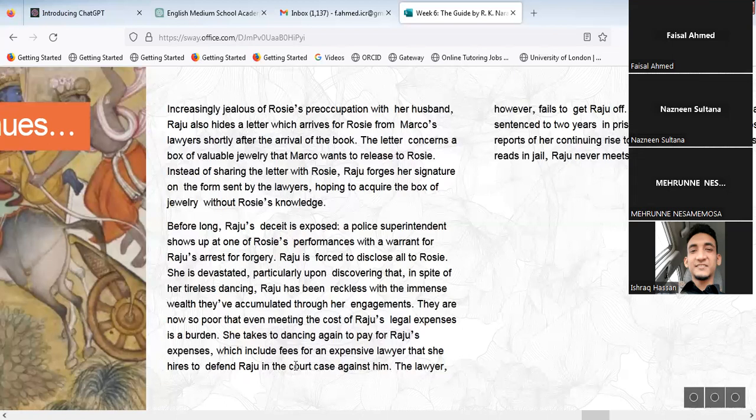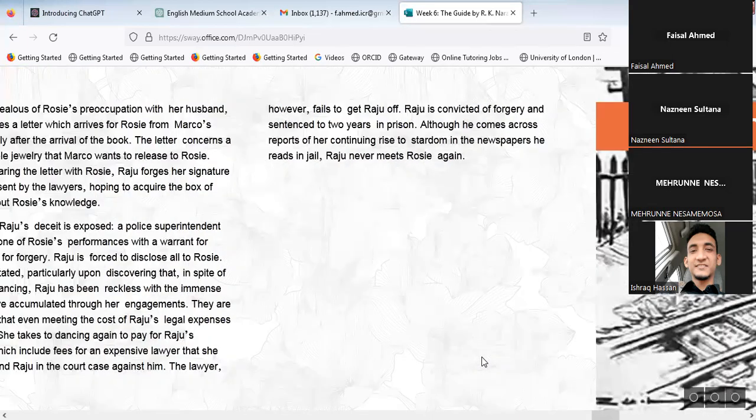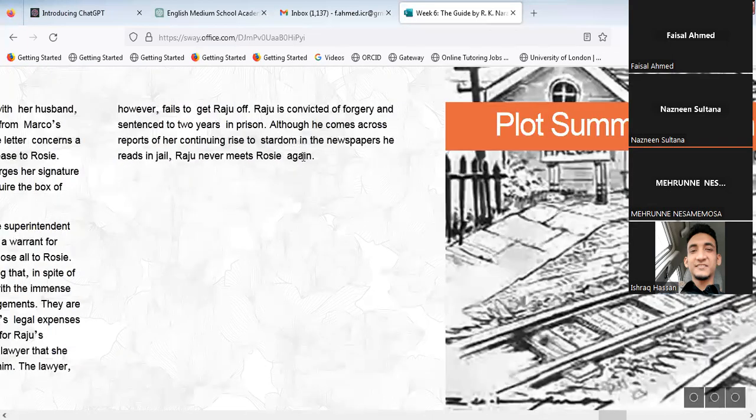So now Rosie herself is working as a dancer to earn some money and to fight Raju's case, just to save him from being found guilty of forgery, which includes fees for the expensive lawyer that she hires to defend Raju in the court case against him. The lawyer, however, fails to get Raju off. Raju is convicted of forgery and sentenced to 2 years in prison.